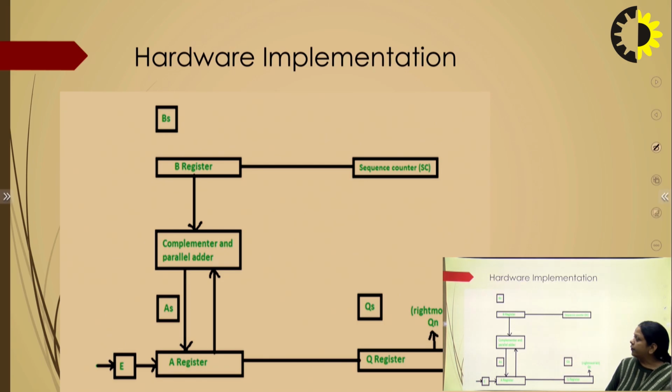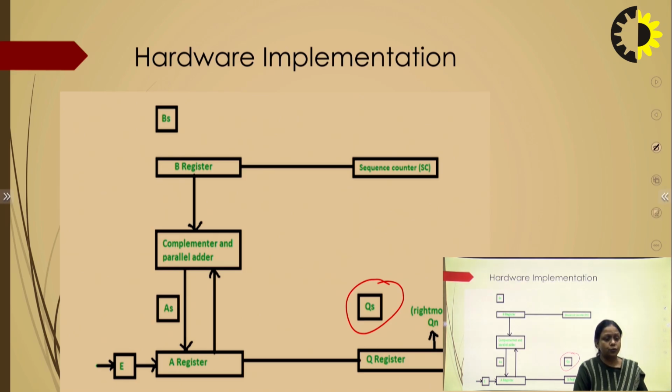Now we need some flip-flops, or 1-bit registers, to store the sign, because this is a restoring algorithm where we are using sign magnitude representation of the numbers. That's why we need another register or 1-bit flip-flop for storing the sign.